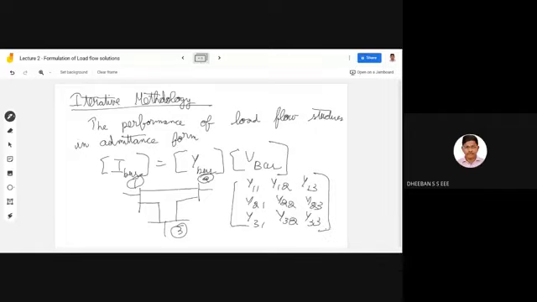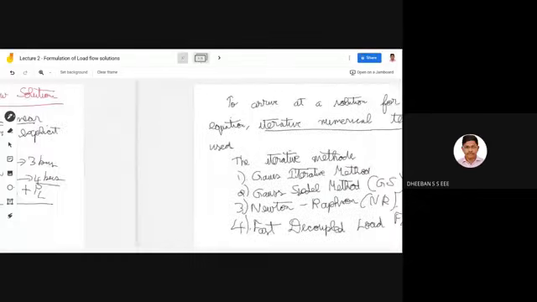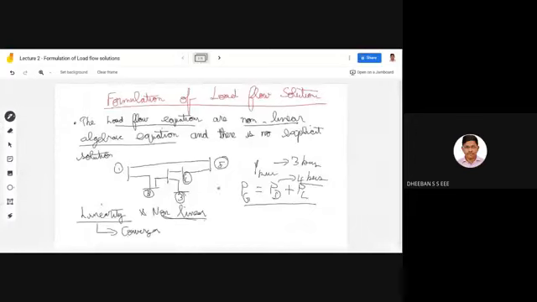As I said, if you are getting into the power system network, you'll be involved with n number of buses. That is, more buses will be connected. So here you can see I have drawn a fiber system, right? In this system, what they'll be saying is the load flow convergence.